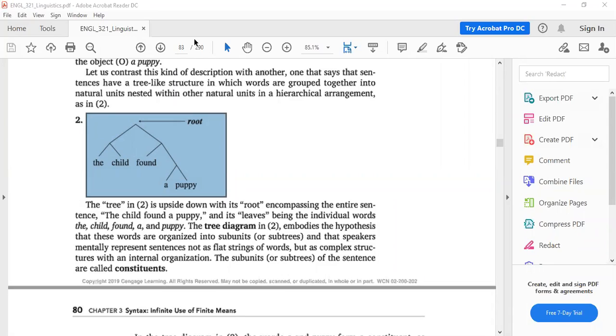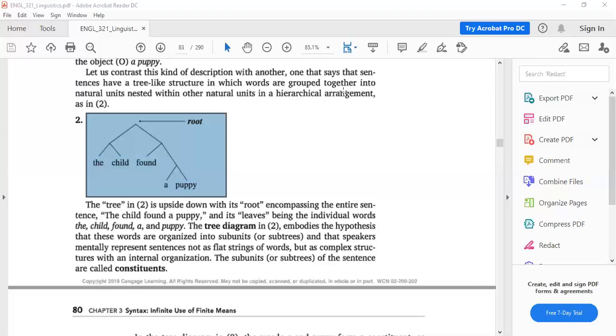So we have the roots underground in real trees. Then we have the trunk, then the branches, then the leaves. But in the case of syntactic trees, they are upside down, مقلوبة.